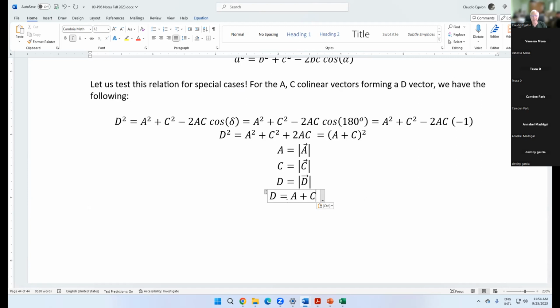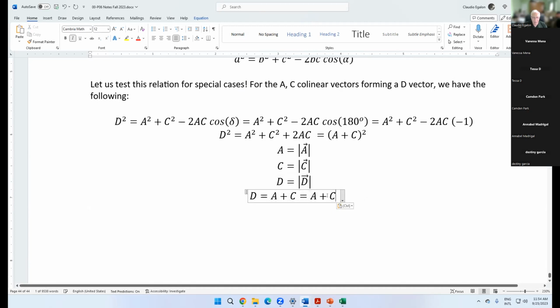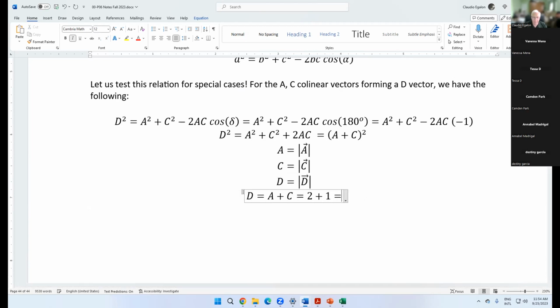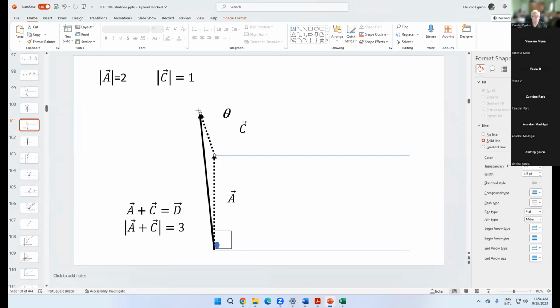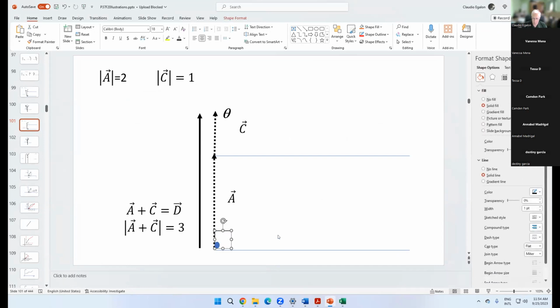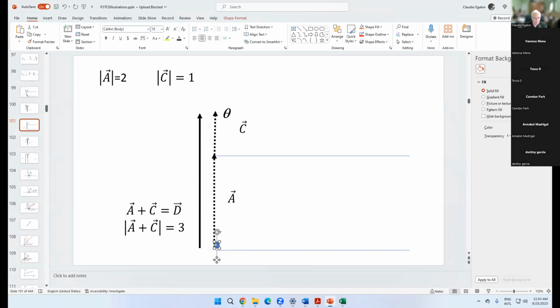Make sense? We're just testing. Since A is 2 and C is 1, we get the numeric value 3, just like we had predicted before through a different method.